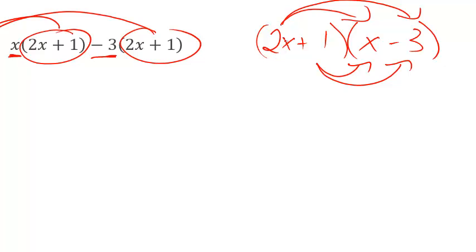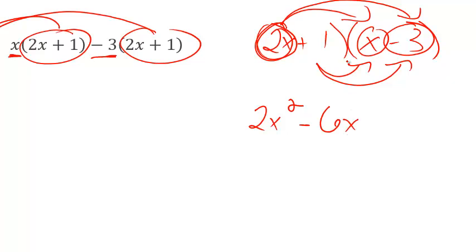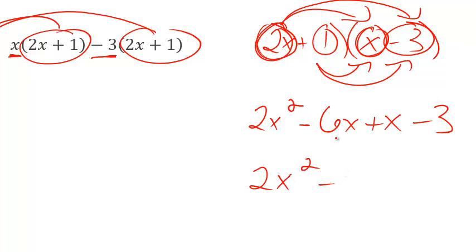So 2x times x is going to be 2x squared. 2x times negative 3 will be negative 6x. 1 times x is going to be just x, so plus x, and then 1 times negative 3 is just going to be negative 3. So then, combining like terms, we're going to have 2x squared minus, a negative 6 plus 1 is going to be negative 5, so negative 5x minus 3. So this would be the standard form of that equation.